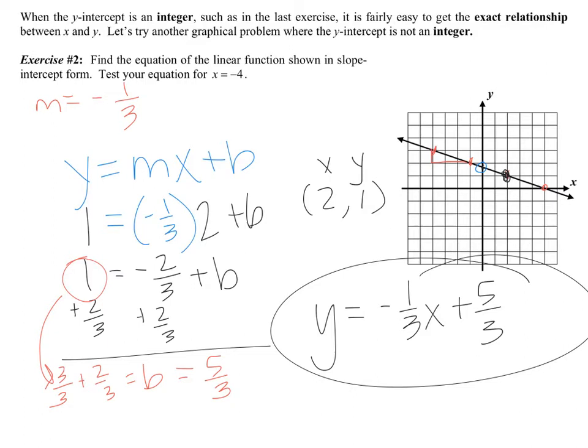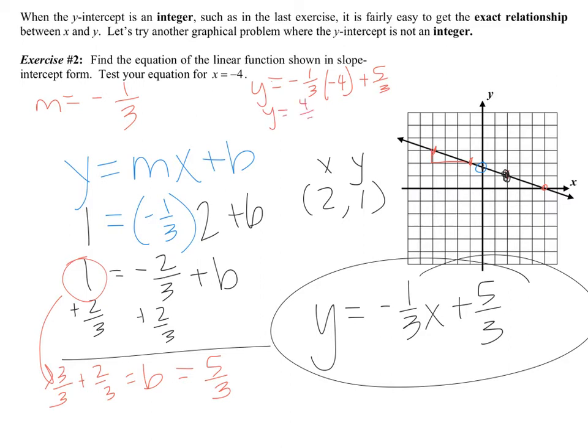But now we need to test for x equals -4. So y equals -1/3 times -4 plus 5/3. So y equals, negative times a negative is a positive.